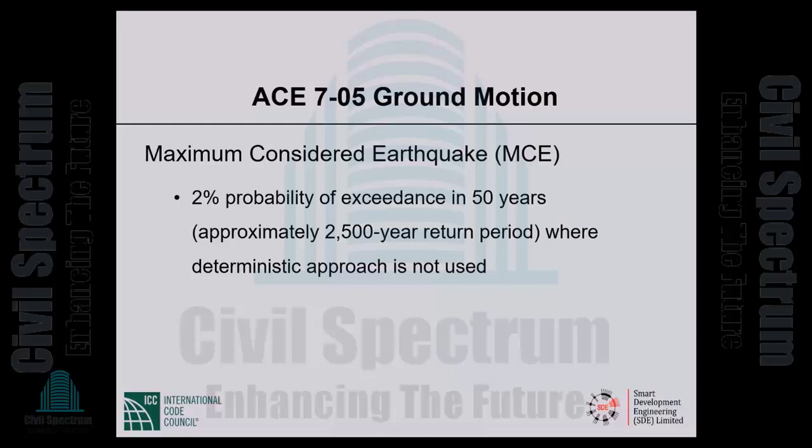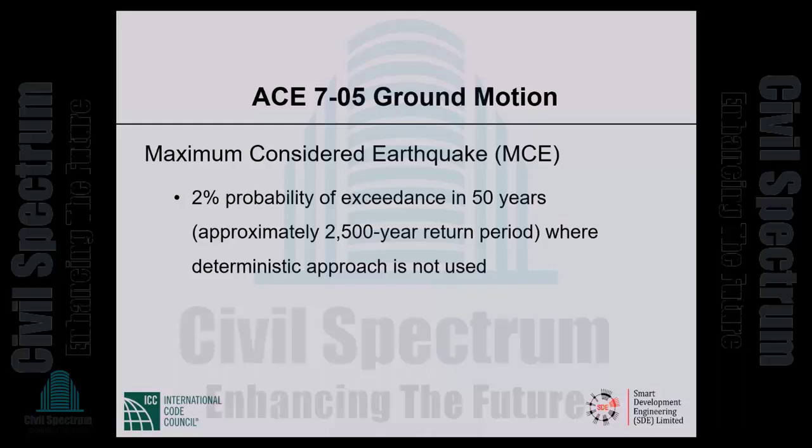And the right way to look at the definition of maximum considered earthquake of ASC 705 is that it is the 2,500-year return period earthquake subject to a deterministic cap. We do not go beyond the largest earthquake that can be delivered by the known seismic sources.